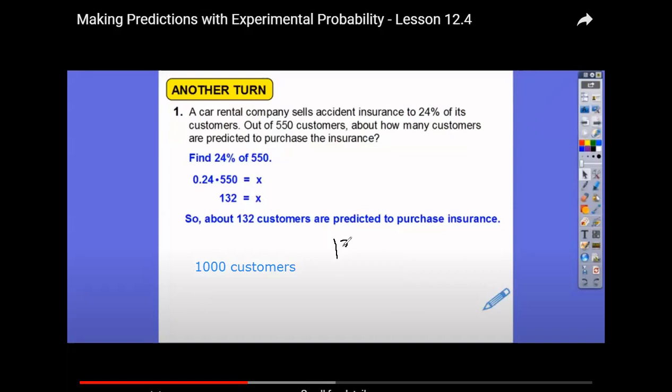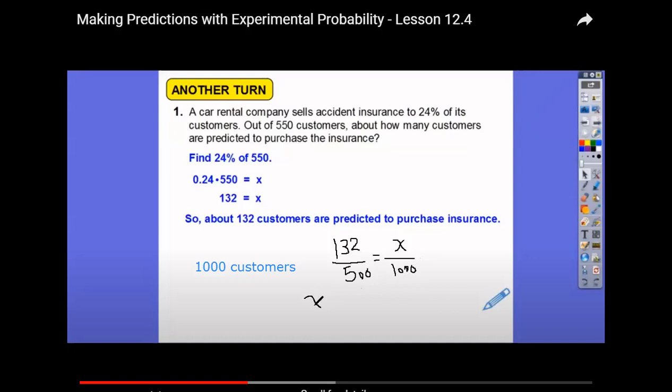We can use the proportion: 132 out of 550 is how many out of 1000? Who will give me the answer now?